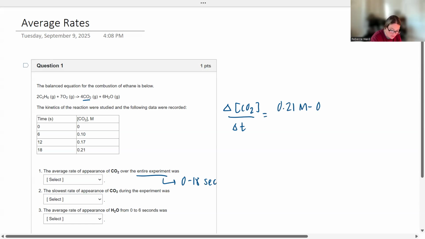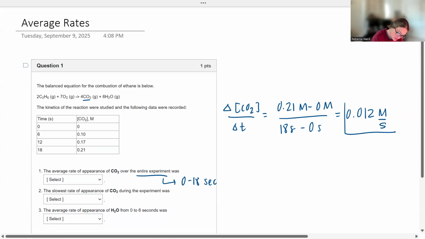I started with none of it, and I'll divide it by 18 seconds. And we'll wind up with, hopefully, the answer. All right, so I got 0.012 molar per second. So on average, that's how much CO2 we produced over that whole 18 seconds.